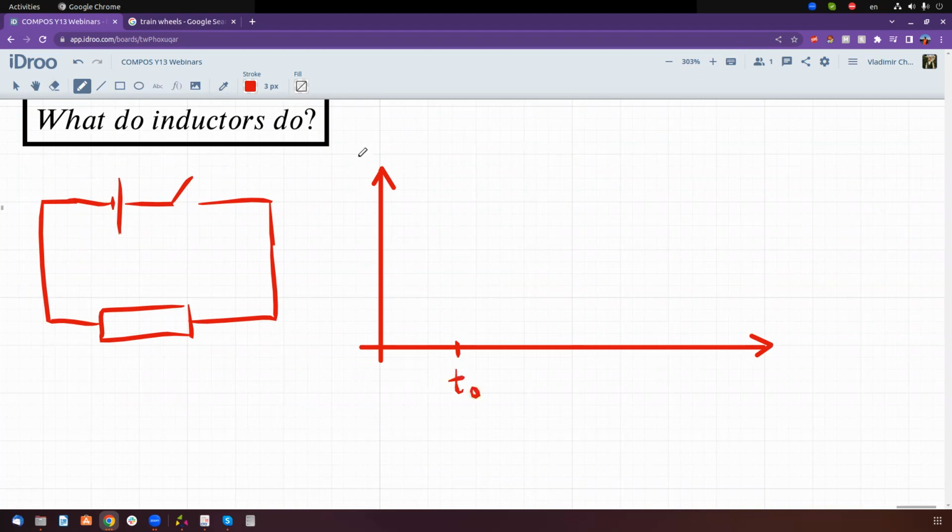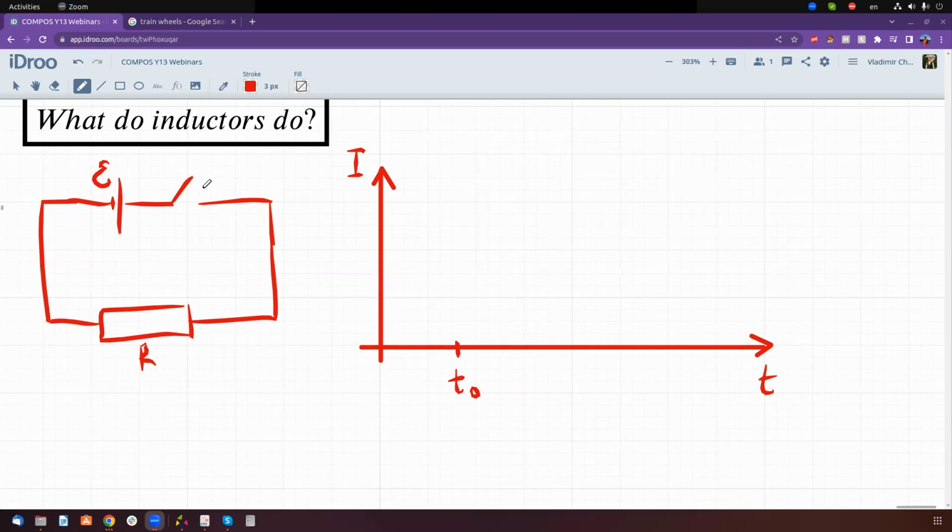This is the current versus time. This is the resistance, and this is the EMF. How will the graph look like for this?